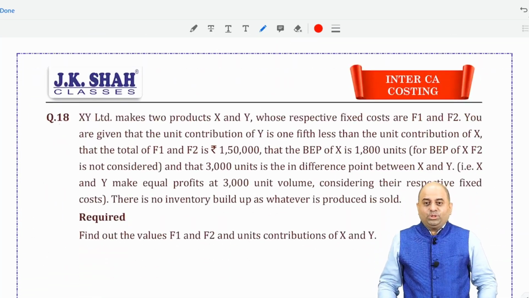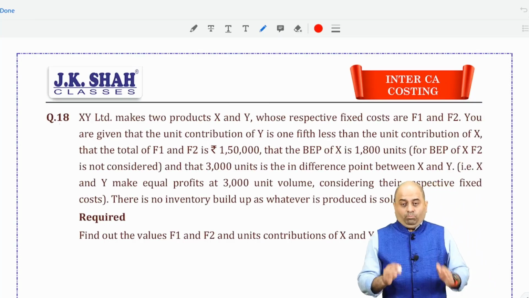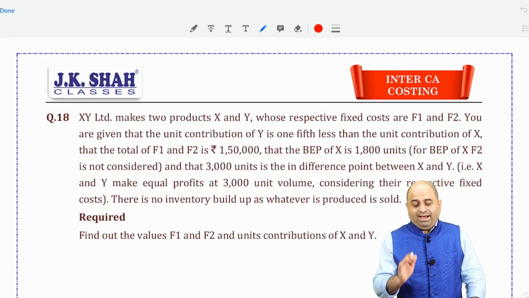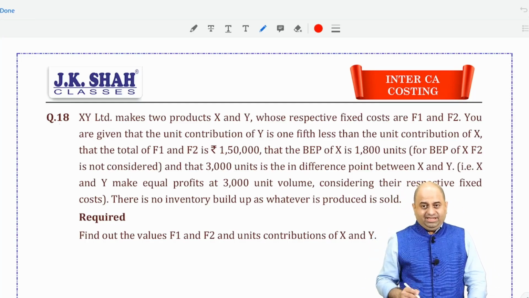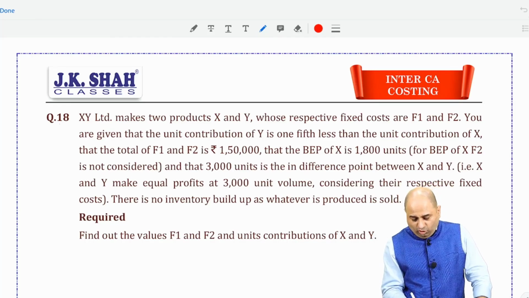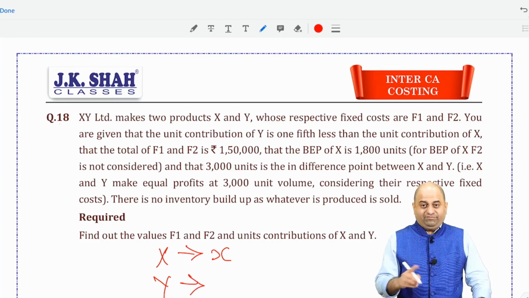Very easy question. It's just that the flow of the question is important. Now, to be very honest with you, for this particular question, that is the 18th question, my major point of attention is just one: if you take contribution of x as x, then for y it says it is 1/5 less.